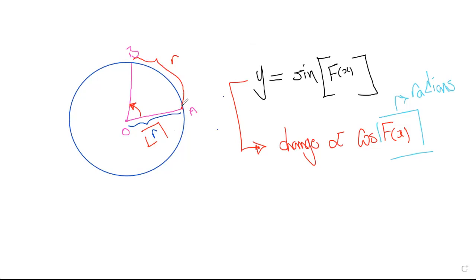You start from A and measure to B, then you make this angle. In this very special case, your radius is equal to the arc length. Look at this arc length, R, on the circumference of the circle: it has the same length as the radius of the circle.